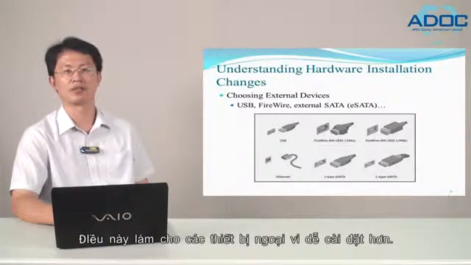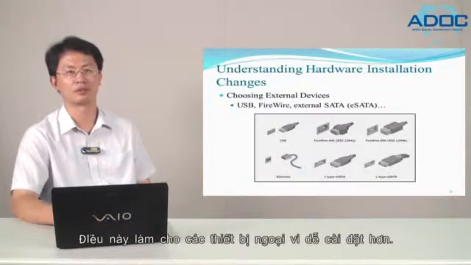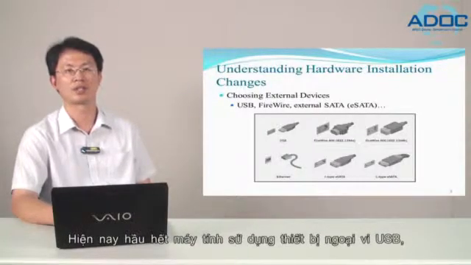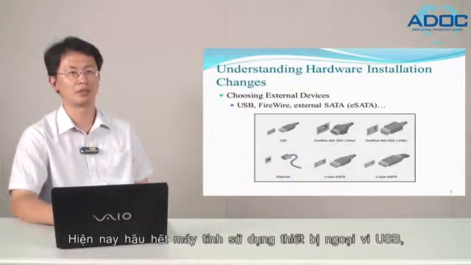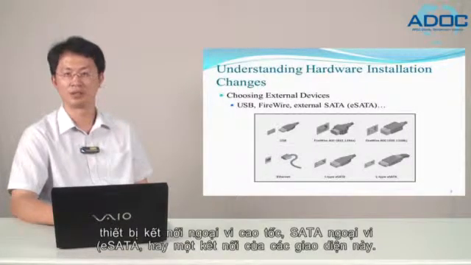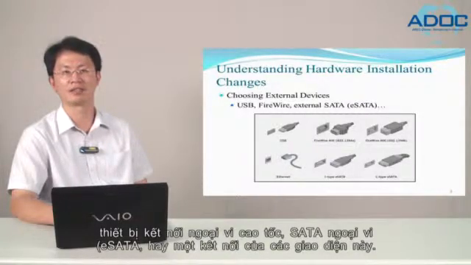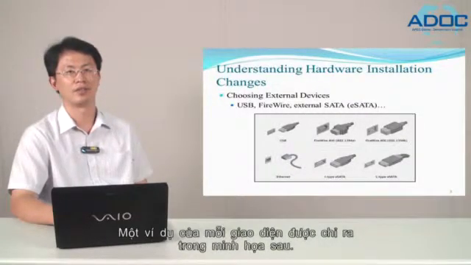This makes external devices easier to install. Most current computers use external devices with USB, FireWire, external serial ATA, or a combination of these interfaces. An example of each interface is shown in the following illustrations.